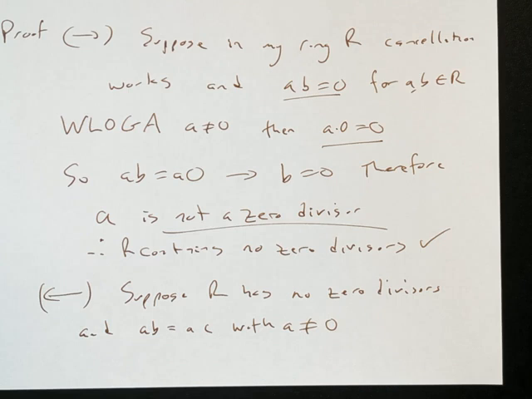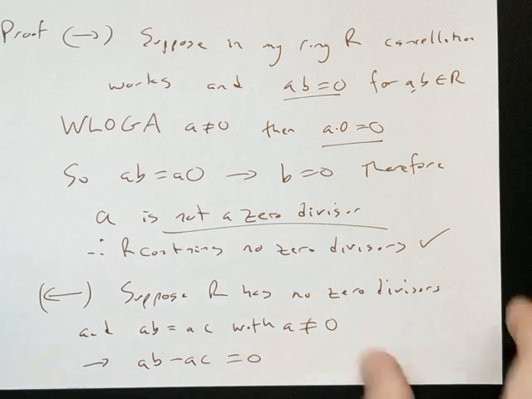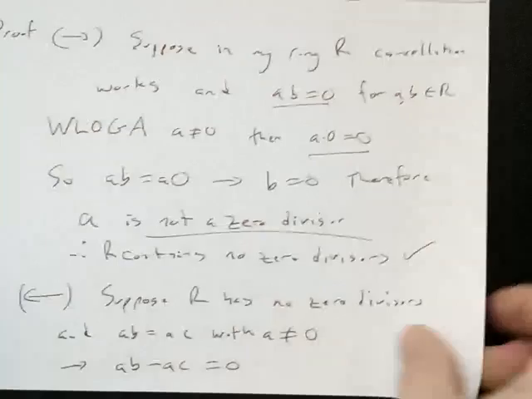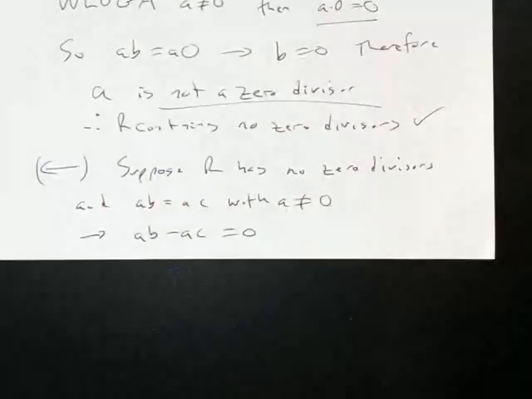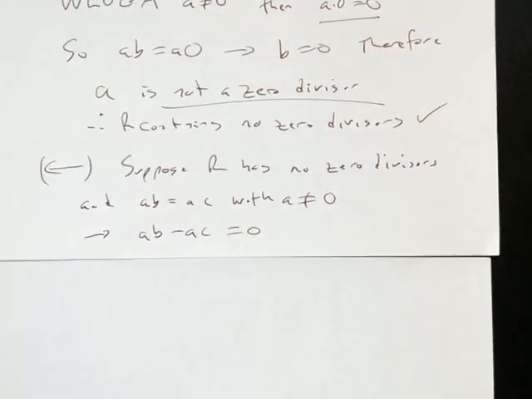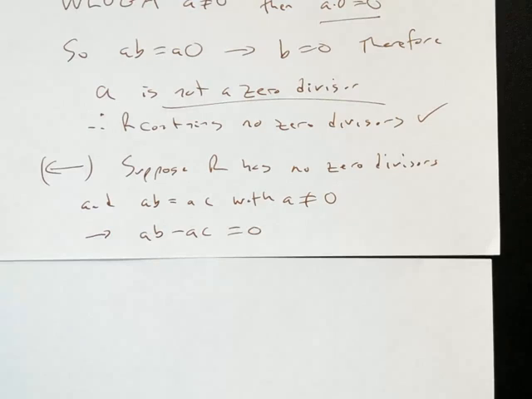I'm going to subtract. Now that makes me happy because I have a 0 on the right-hand side. You factor out A, so you do A times B minus C equals 0.